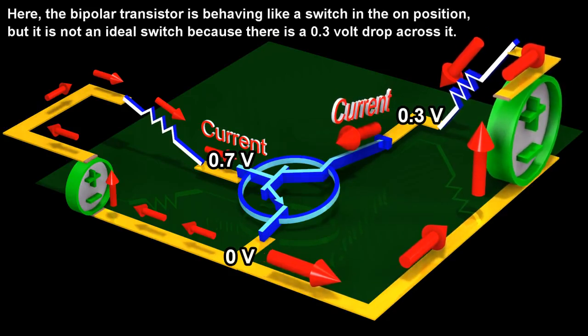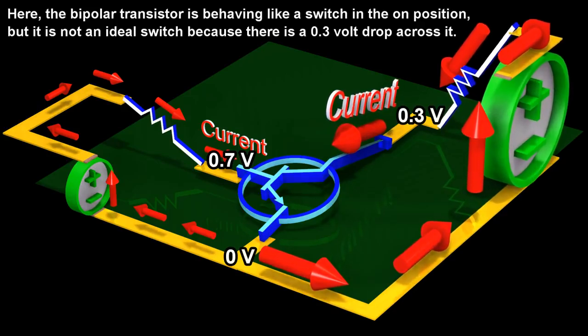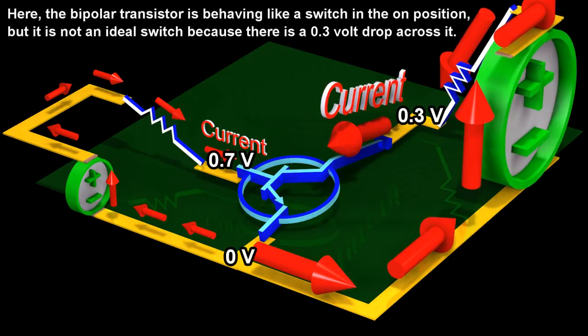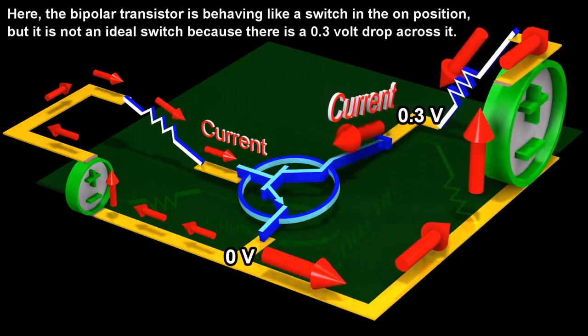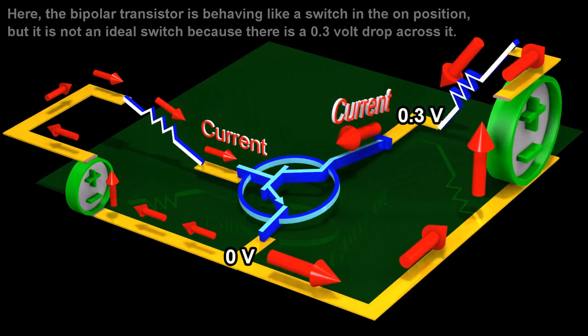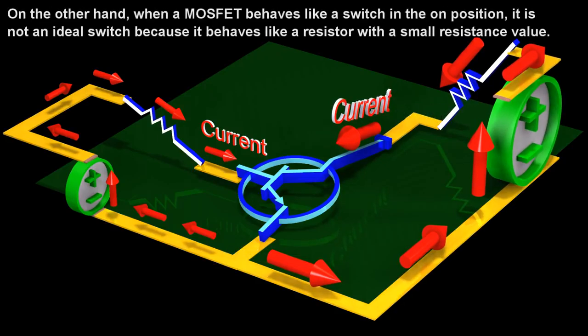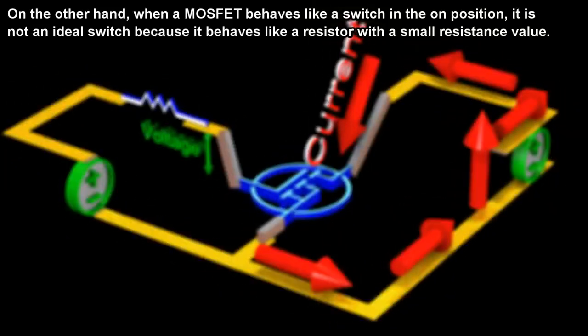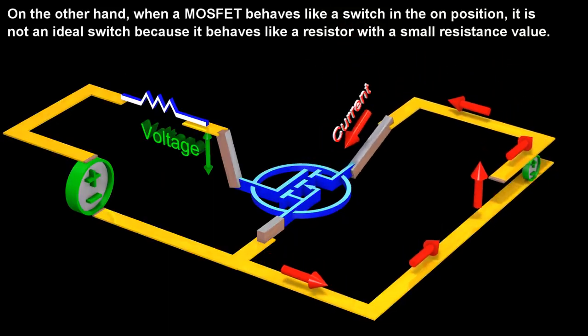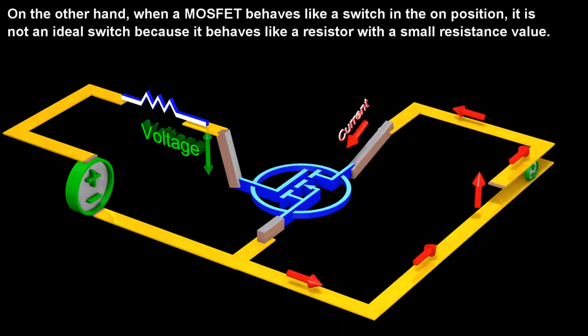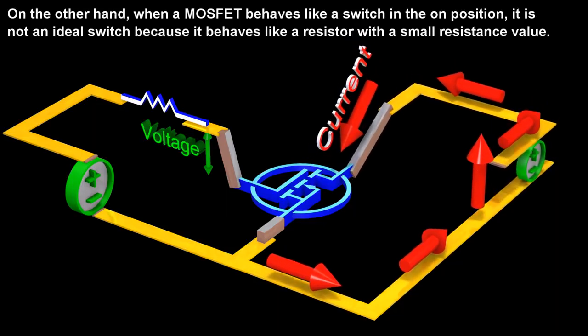But it's not an ideal switch because there is a 0.3 volt drop across it. On the other hand, when a MOSFET behaves like a switch in the on position, it's not an ideal switch because it behaves like a resistor with a small resistance value.